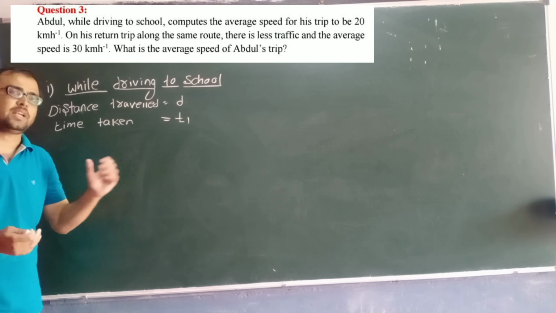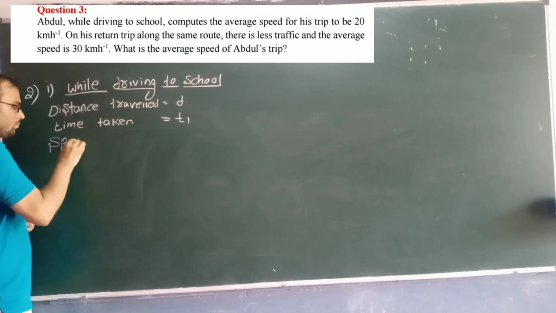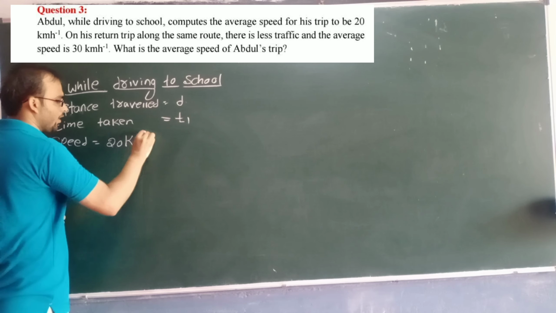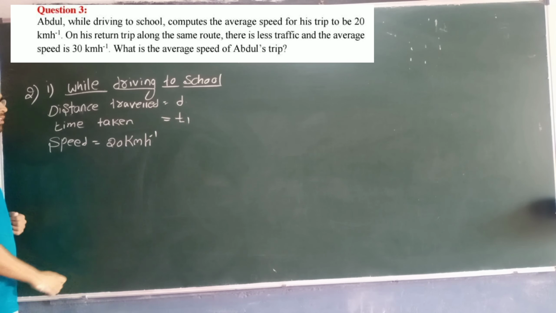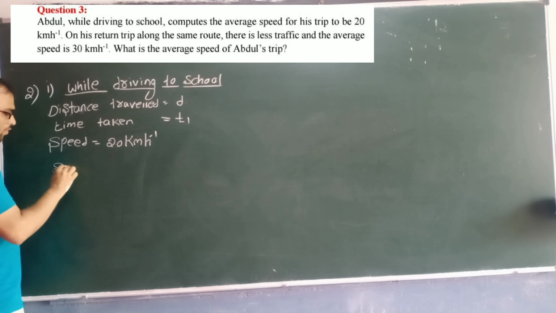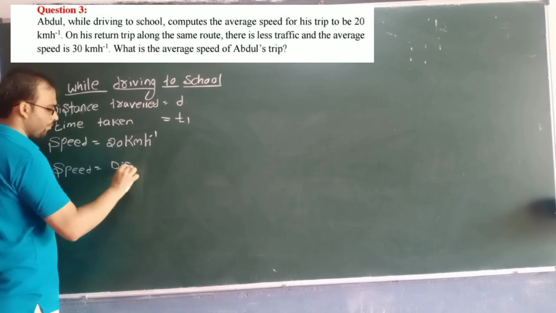Next, speed. The speed given is 20 km per hour. Now we have the formula, students: speed is equal to distance by time.